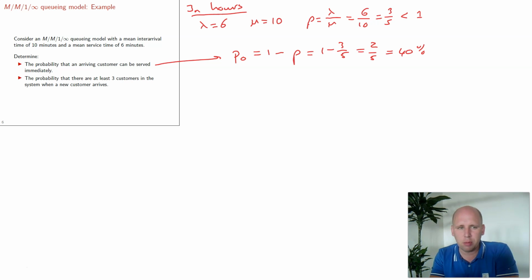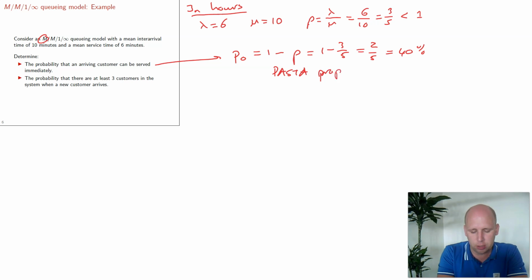That's the PASTA property. And the PASTA property is valid here because we have exponential inter-arrival times. So the PASTA property is also important to mention if you answer this problem. So based on the PASTA property, we can say that the probability that an arriving customer can be served immediately is 40%.